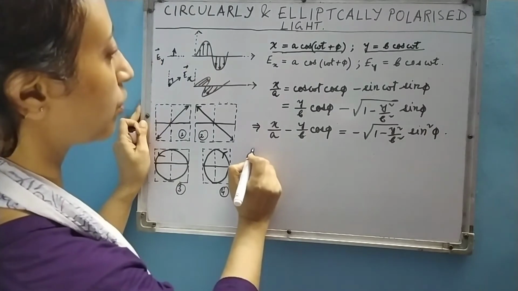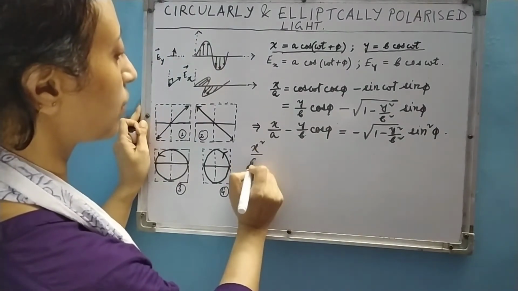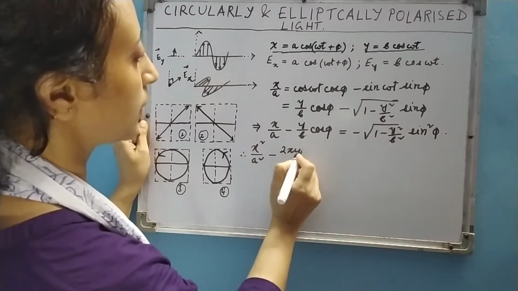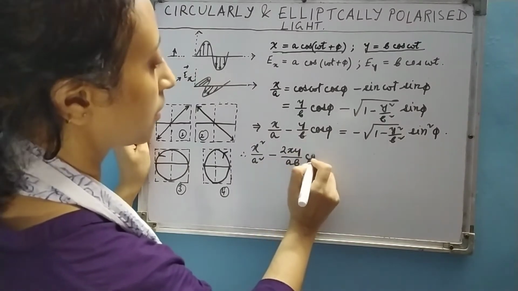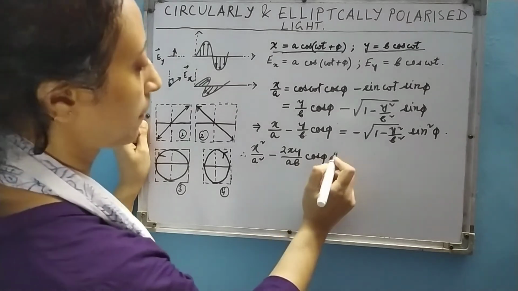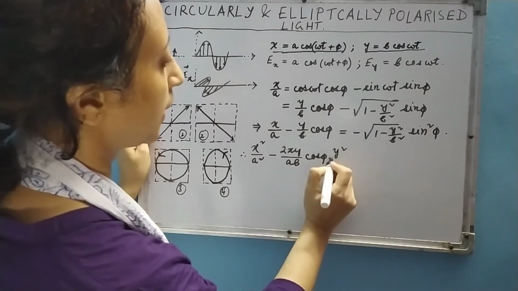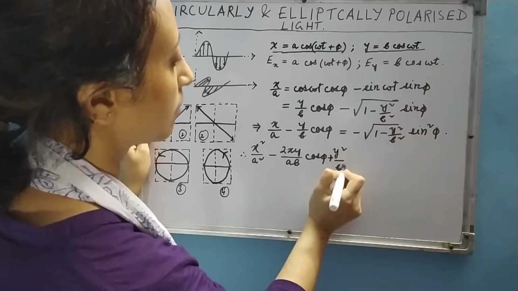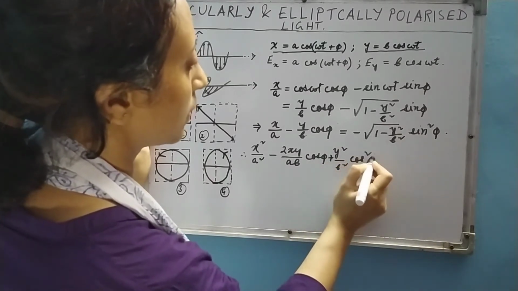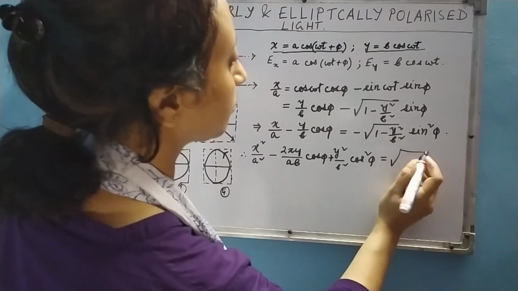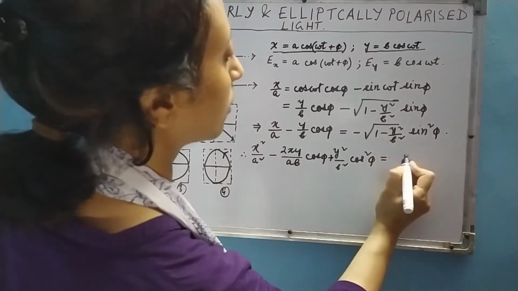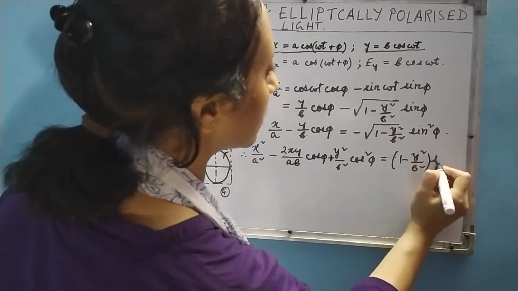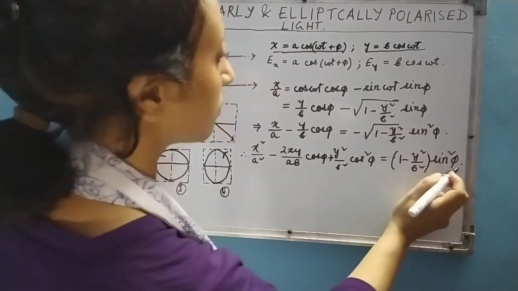Then if you square both of them, we will be getting x square by a square minus twice xy by ab cos phi, right? Then plus y square by b square cos square phi, and on the right hand side, squaring it will give 1 minus y square by b square, times sin square phi.